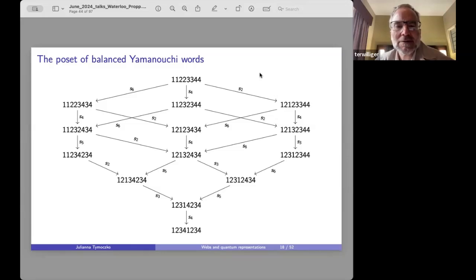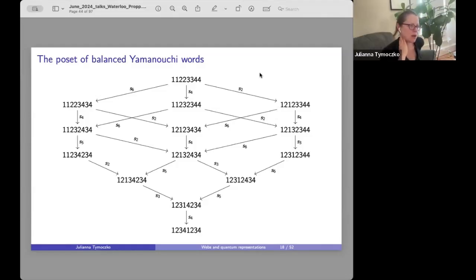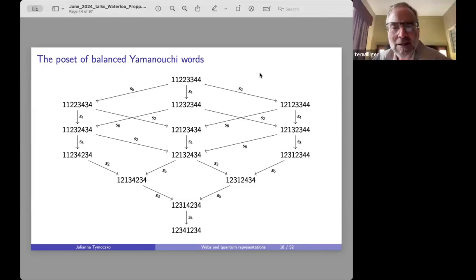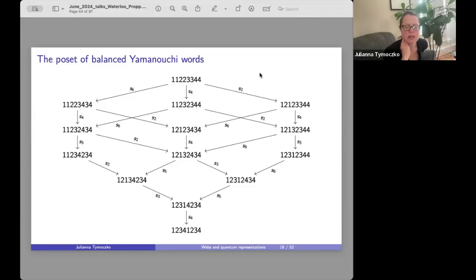Right. You start with a smaller poset, and then you construct the distributive lattice by taking all the lower ideals and ordering them by inclusion. I believe that, yes, it should be. It looks like it should be a distributive lattice, yeah.